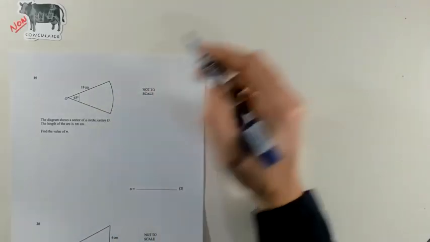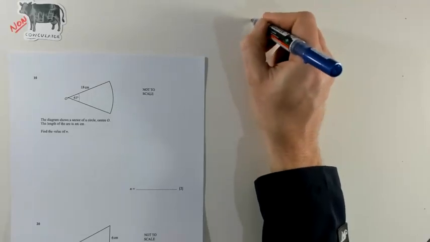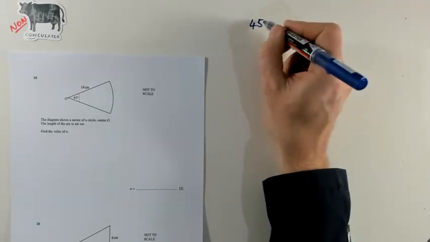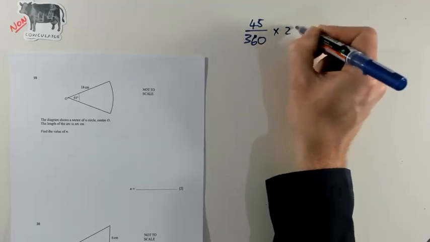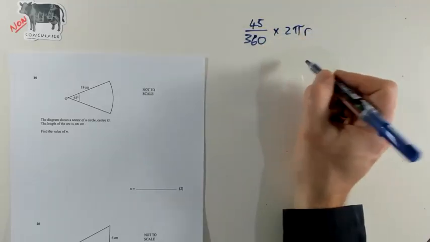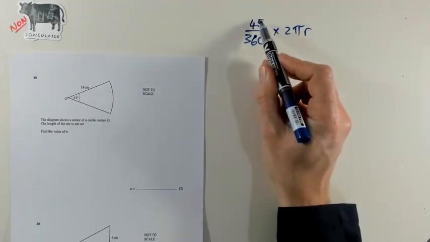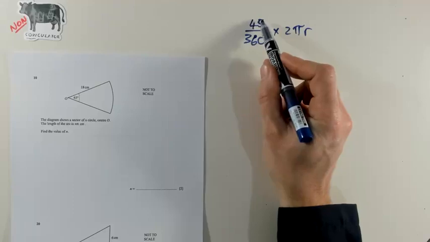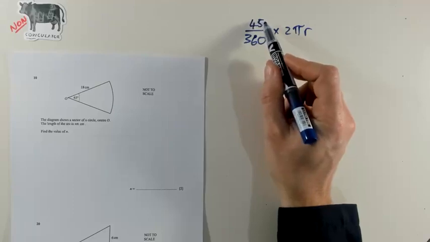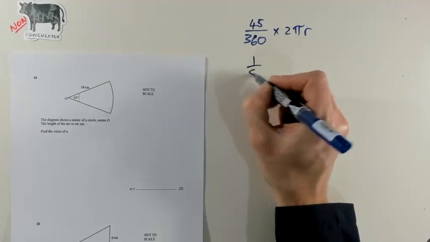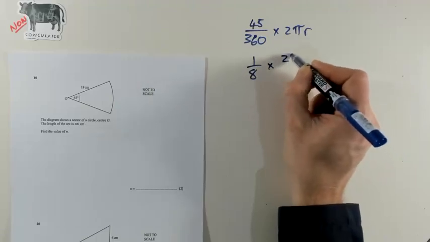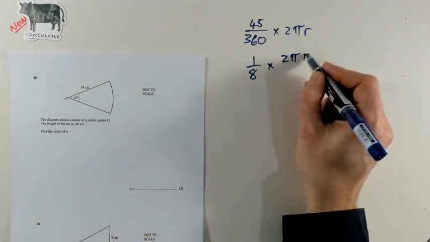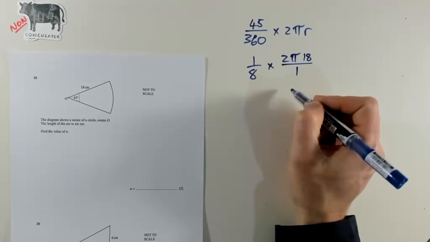Okay, so they gave us the angle, so we know the arc is going to be 45 over 360 times 2 pi r. Now there's 8 of these, half of 90, so this is 1 over 8 times, I'm just going to put 2 pi, and the radius there is 18 over 1.